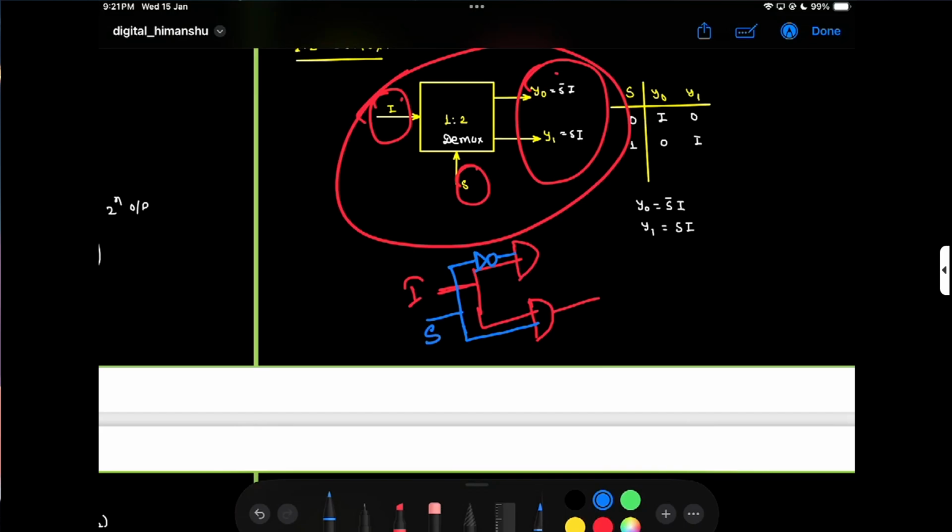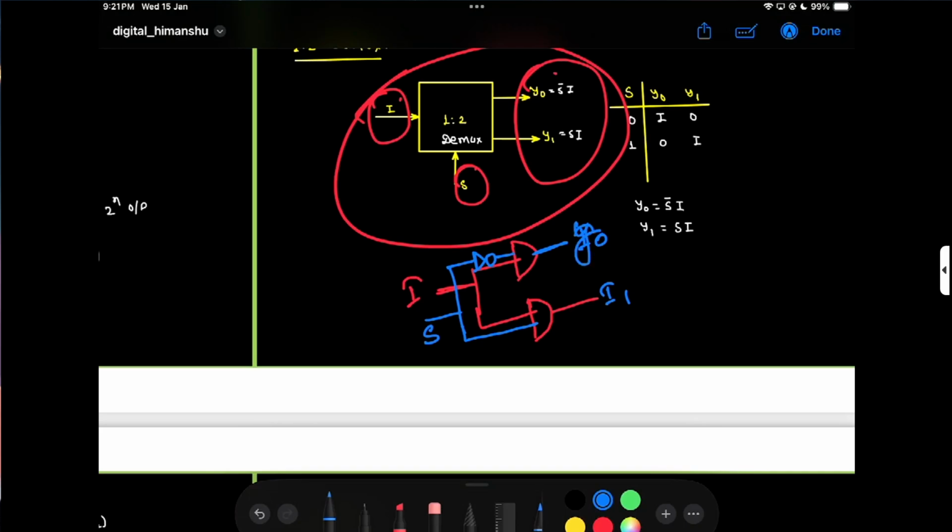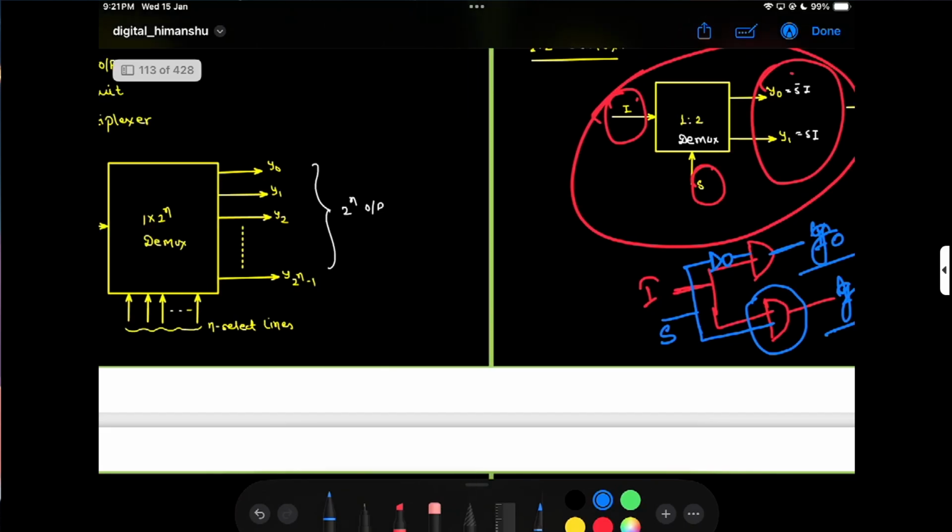If my S is 0, then I get the output I0 at Y0, and if I choose S equal to 1, then the output from the other AND gate we get is Y1. So this is my gate level circuit.